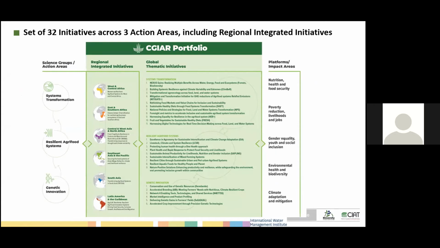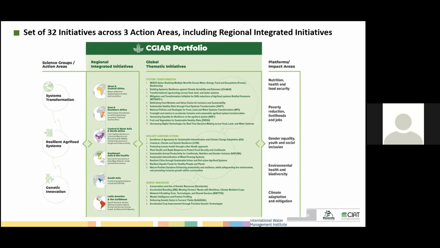One being West and Central Africa, East and Southern Africa, Central and West Asia and North Africa, Southeast Asia and the Pacific, South Asia, and then Latin America and the Caribbean. Each of these regional integrated initiatives needs to be linked somehow to the global initiative, but they will primarily address challenges as they are identified for each of these regions.